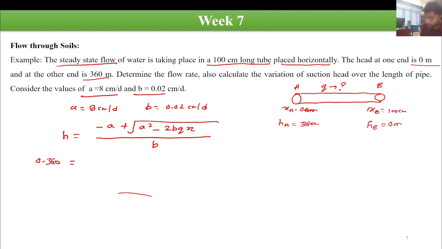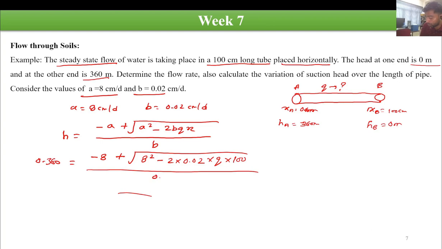And the value of A is minus 8 plus under root of 8 square minus twice into 0.02 multiplied by Q into X. The value of X is 100, divided by B, that is 0.02.